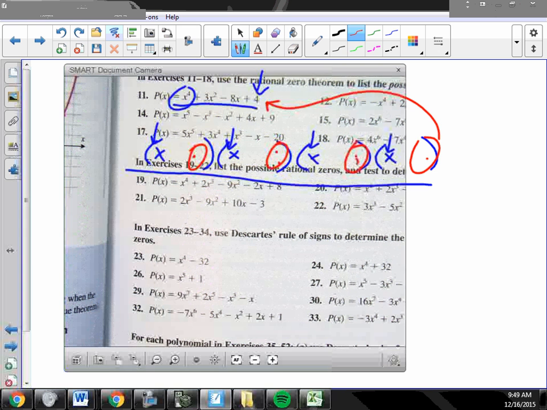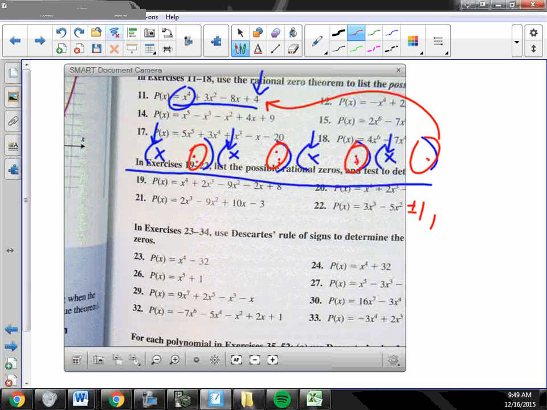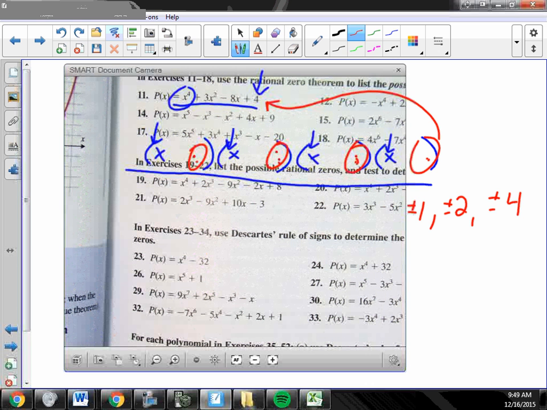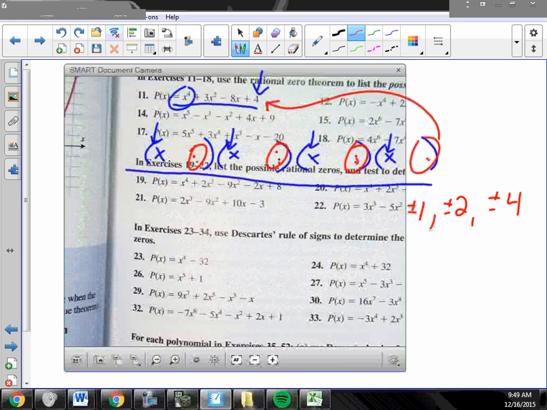The only possible numbers to go in here, here, here, or here would be plus or minus 1, plus or minus 2, or plus or minus 4. How come? Those are all factors of 4. So those are the only possibilities. Okay? It can't be anything else.